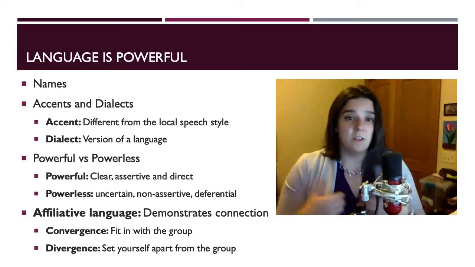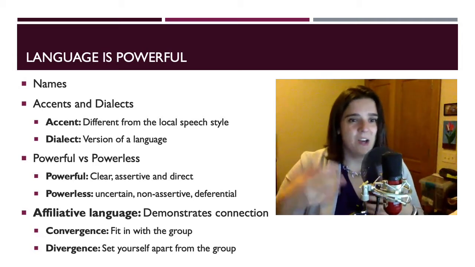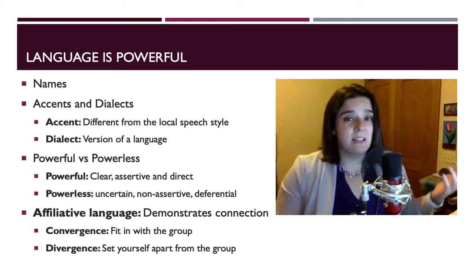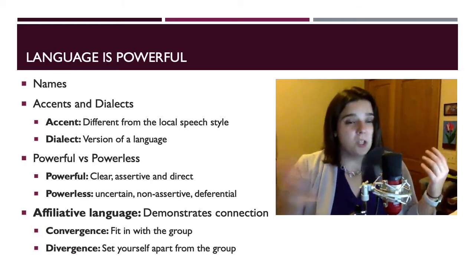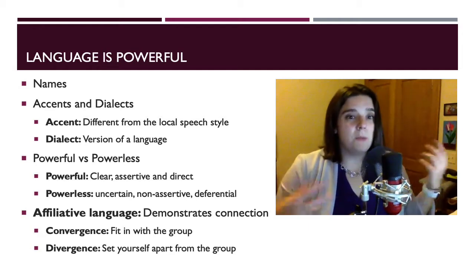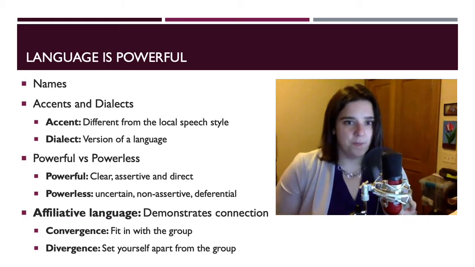You can also look at different dialects of English in the UK or in Australia. They use different words, speak the language differently. We can all understand each other because we're speaking English, but we have different dialects, different versions of the language.